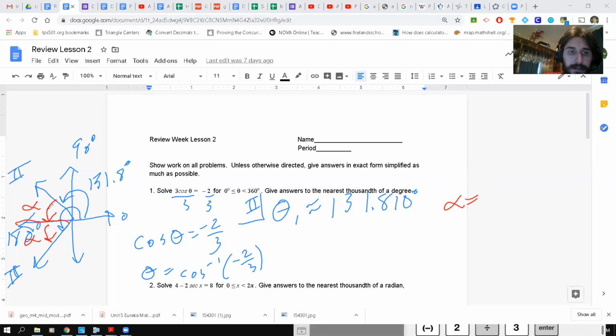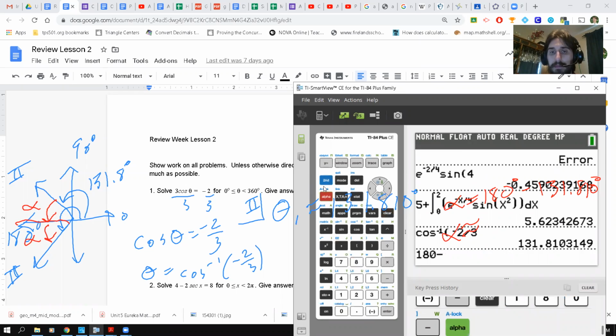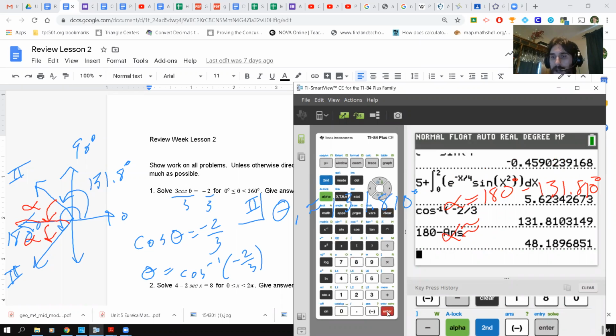Alpha is 180 minus the 131.8, whatever it fell short of. So for our problem, the reference angle is 180 minus our previous answer, which is about 48.190 degrees.